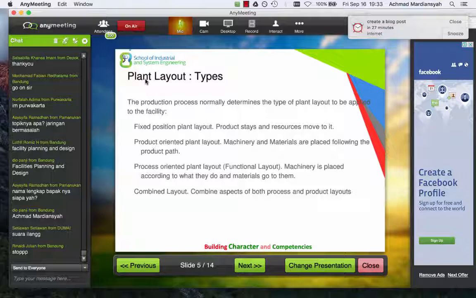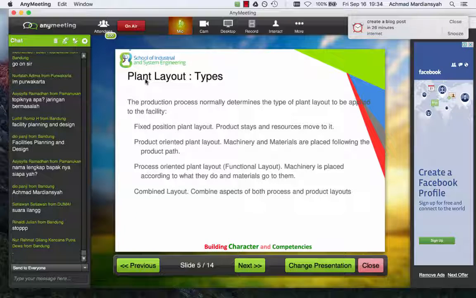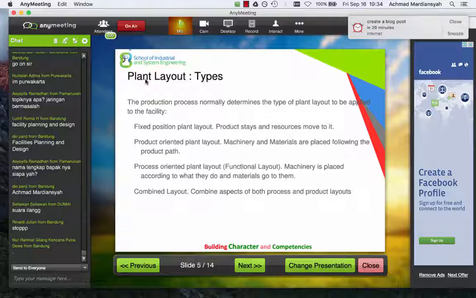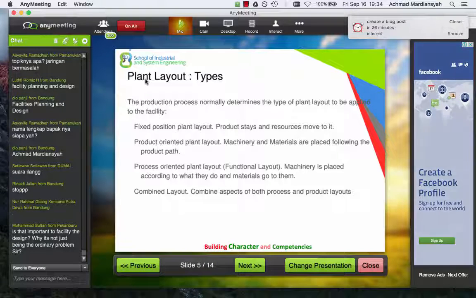It's like a process, for example when you want to make a backpack. We have a department that always does painting, a department that always does cutting, a department that always does sewing, and many other things. Other types are just a combined layout.